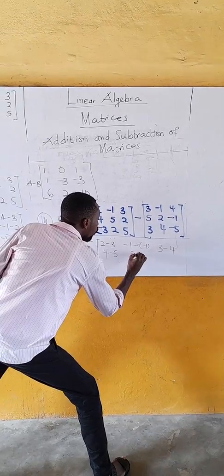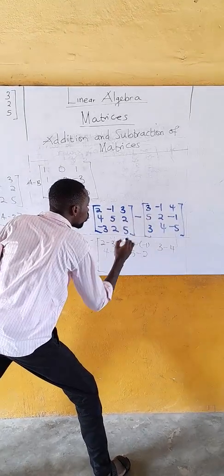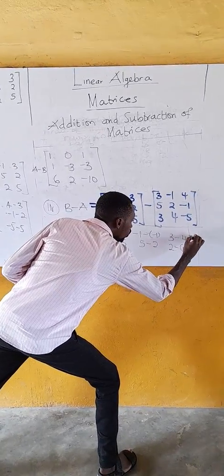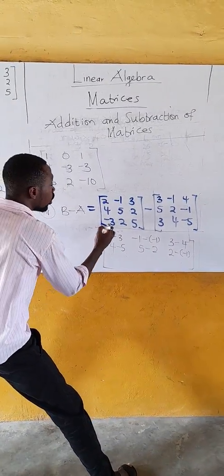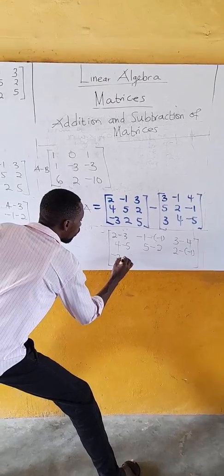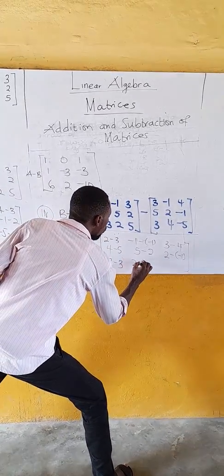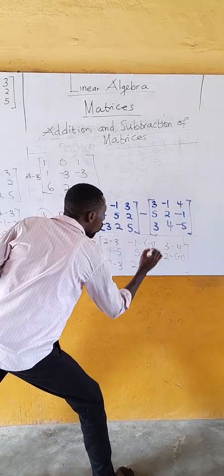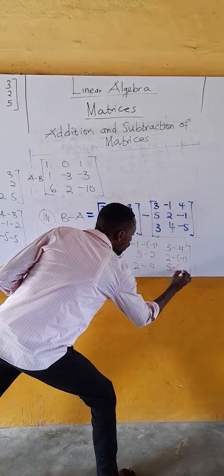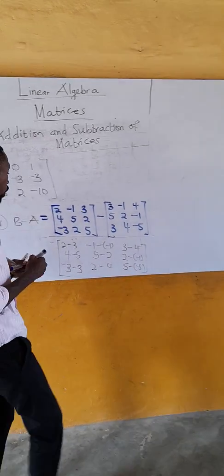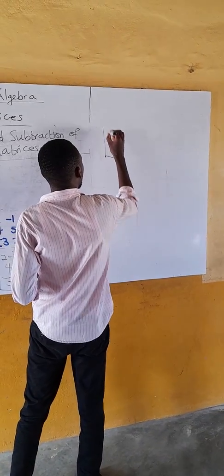Then 5 minus 2. Then 2 minus negative 1. And the last one, negative 3 minus 3. Then 2 minus 4. Then 5 minus negative 5. Now we perform the operations on them to get the answer.